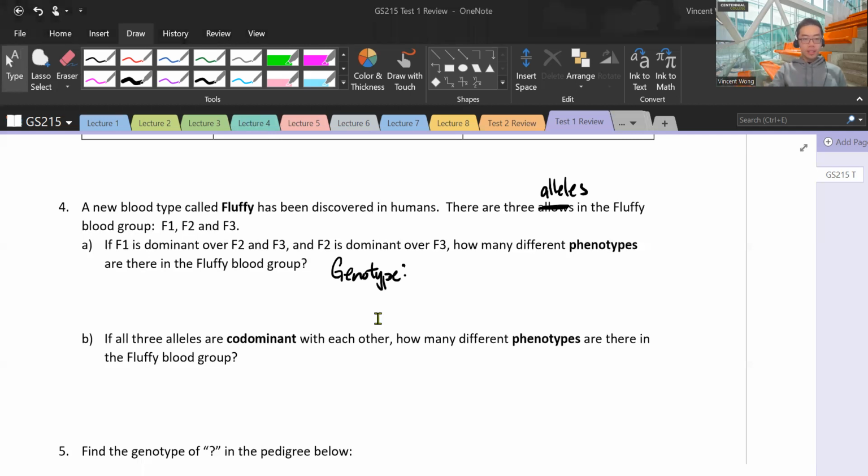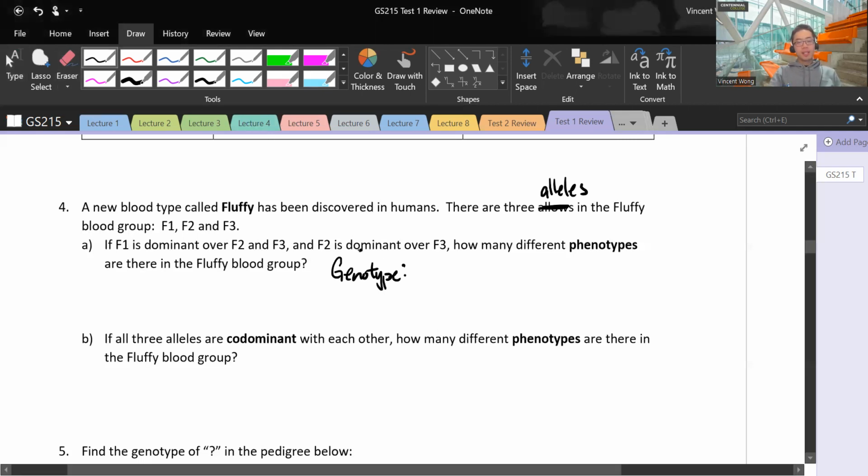Okay, so 6 genotypes, I'm sorry. Does everybody agree that there are 6 genotypes here?